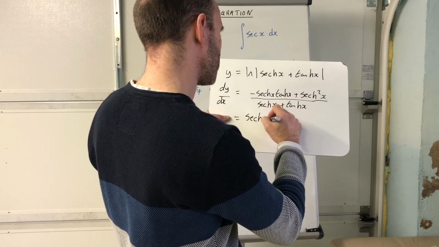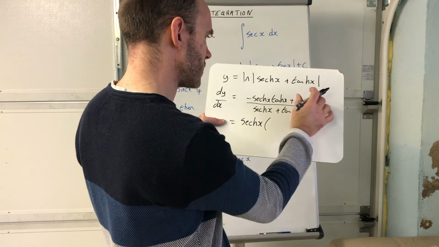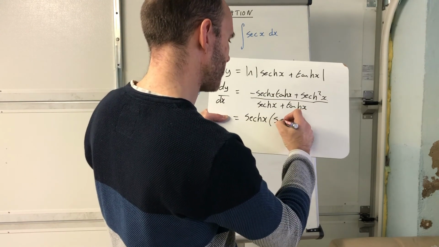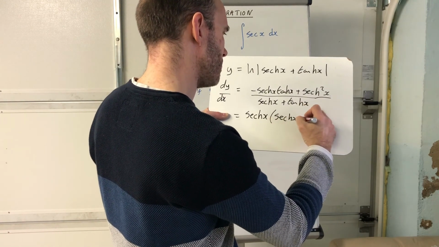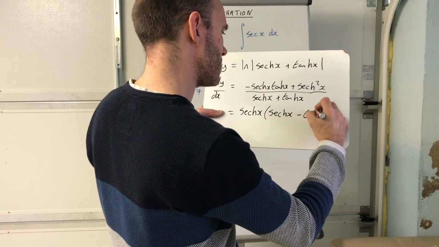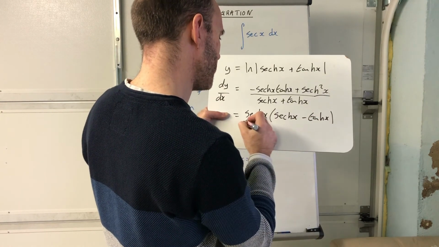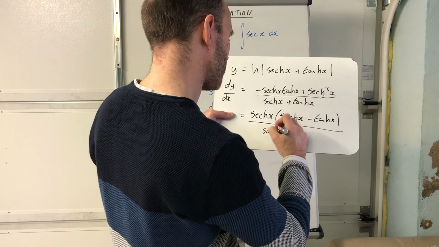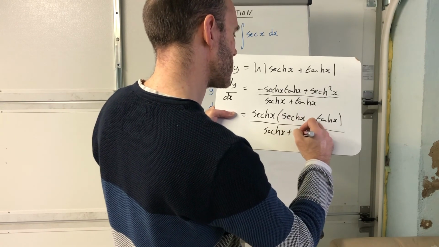So sech x, and then let's write it this way around because of the negative, you have sech x minus tanh x all over sech x plus tanh x.